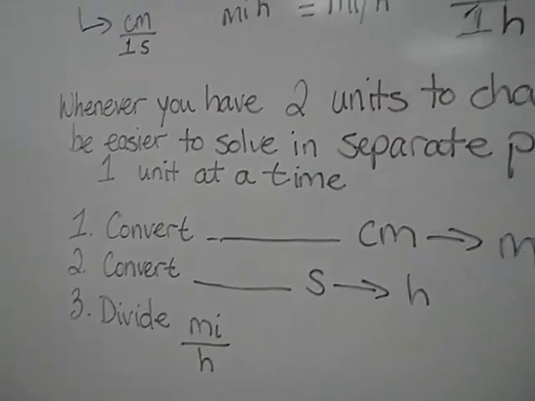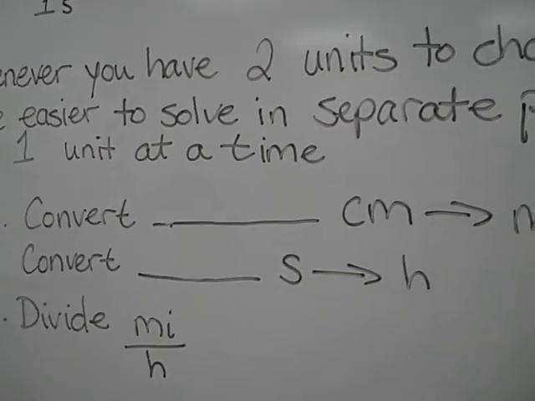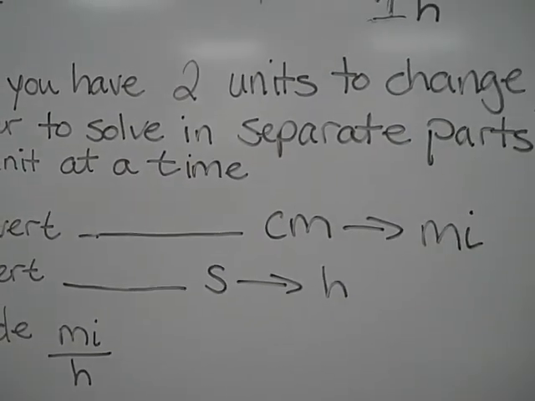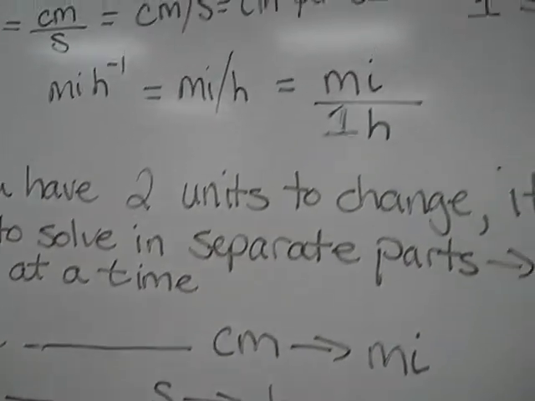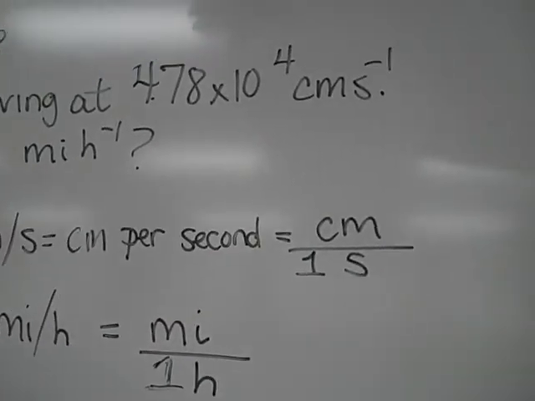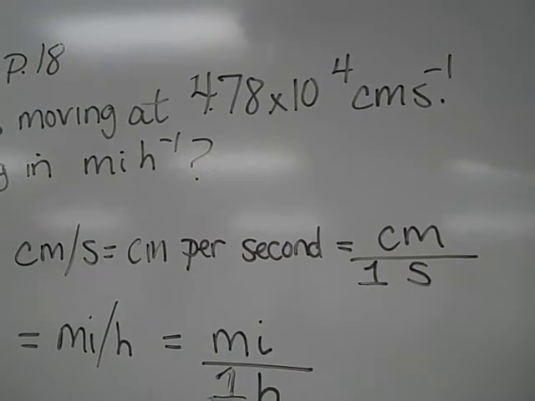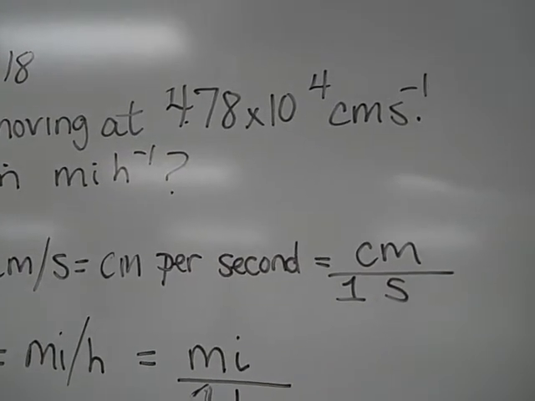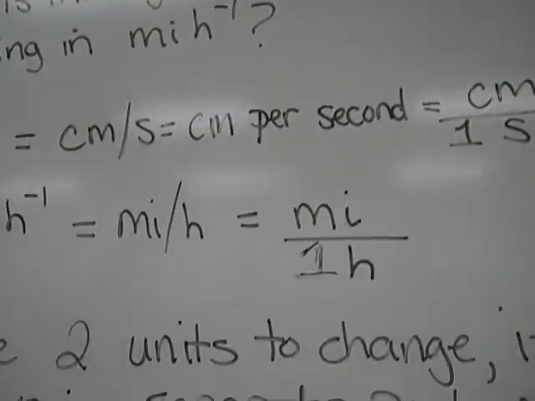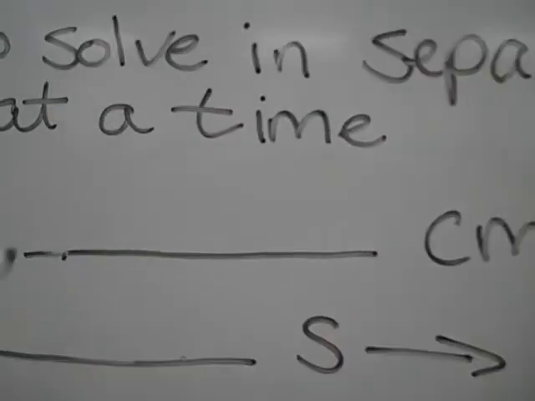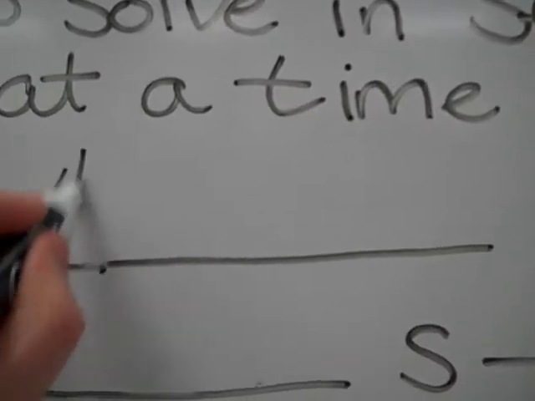So in this problem, we're going to first start by converting our centimeters into miles. When we have a value of 4.78 times 10 to the 4th centimeters seconds to the minus 1, the 4.78 times 10 to the 4 goes with our centimeters.